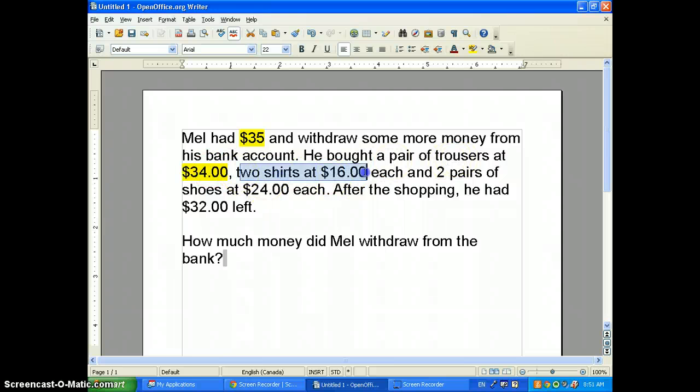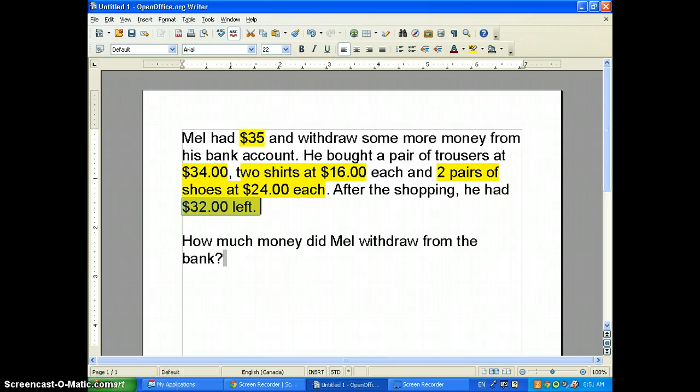He bought two shirts at $16 each, and two pairs of shoes at $24 each. After the shopping, he had $32 left. The question is, how much money did Mel withdraw from the bank?